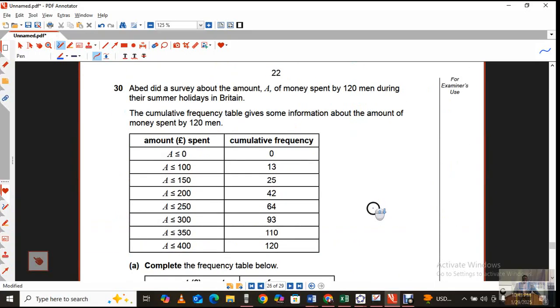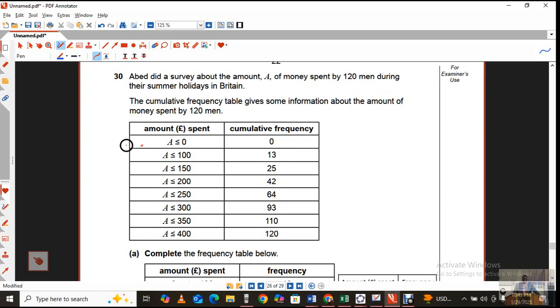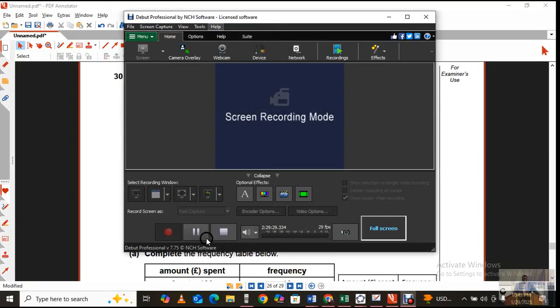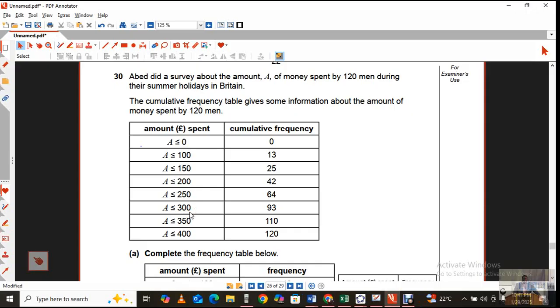Right. Question 30. Okay. I'm going to give you a little bit of a breather for you to write it down, before I explain question 30. Right.